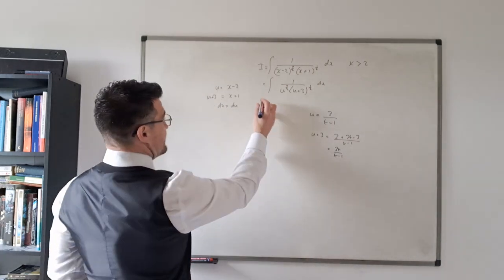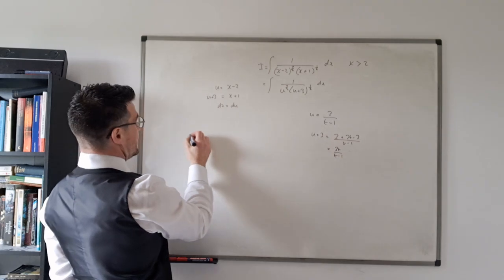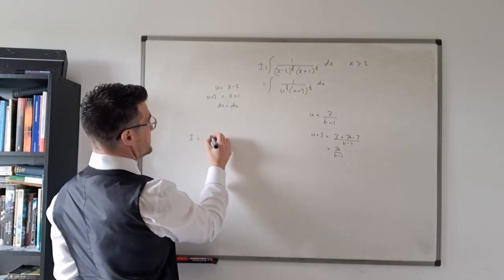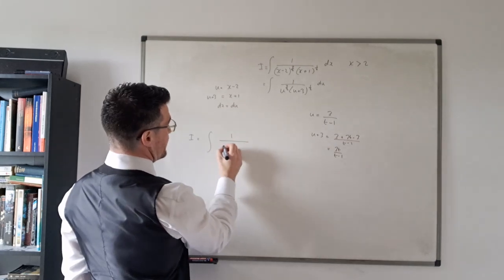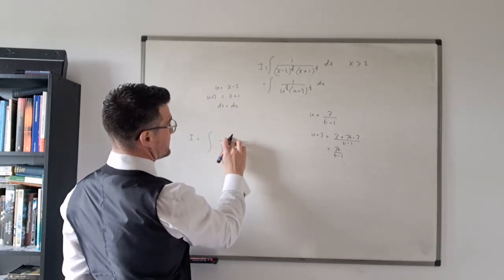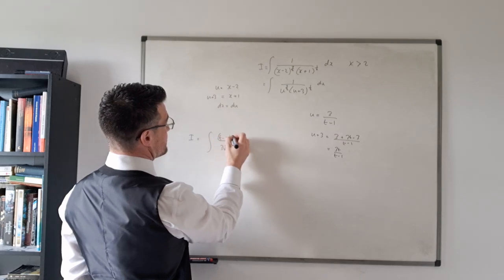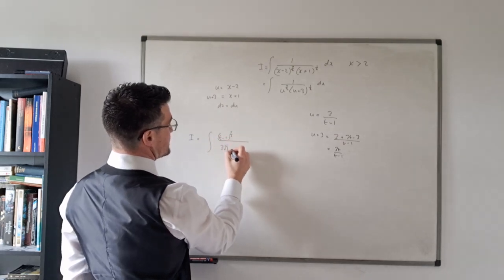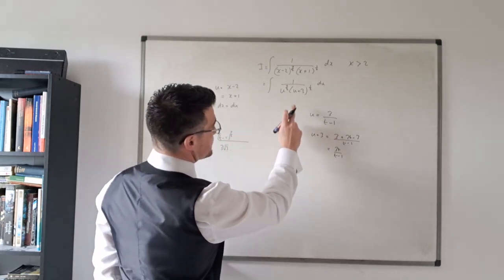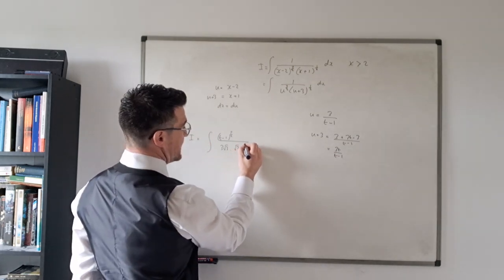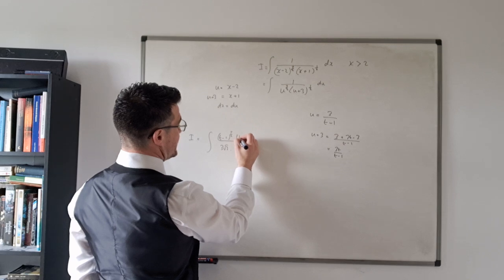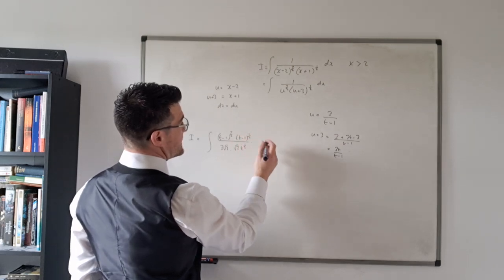What happened then? So we've got I is therefore equal to the integral of 1 over 3 root 3 t minus 1 to the power of 3 halves times u plus 3 to the half. So it's going to be square root of 3 t to the half t minus 1 to the half.